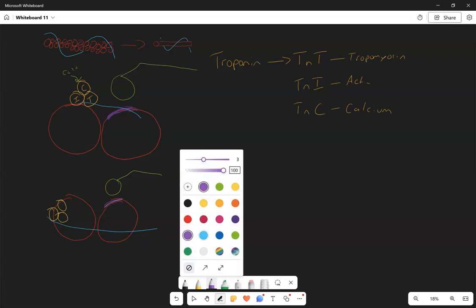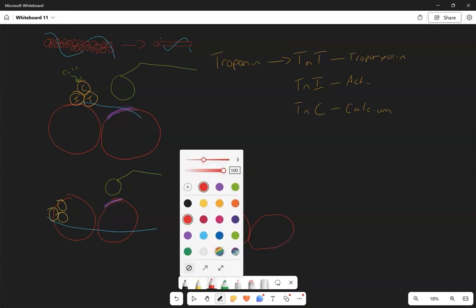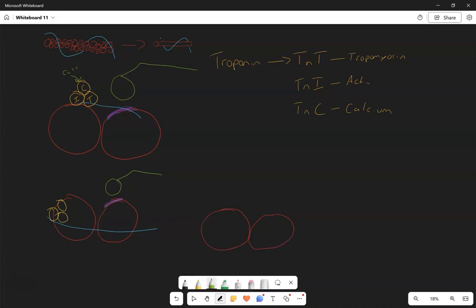So what's going to happen then is you will get this attachment of myosin to the actin filament. Right? So now these two are connected, and that's that formation, that connection point. That's what we call a cross bridge. So the cross bridge is the connection between the actin molecule and the myosin molecule.